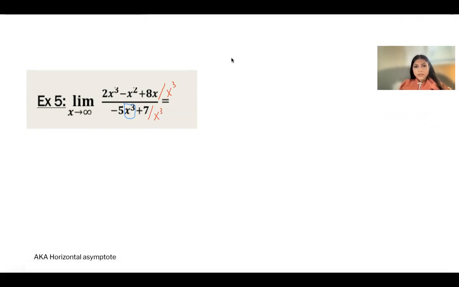And then that's going to become 2x to the 3rd divided by x to the 3rd, minus x squared all over x to the 3rd, plus 8x divided by x to the 3rd. Big old fraction bar.